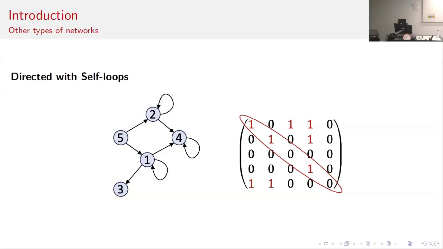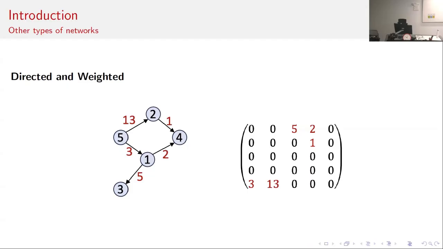These are edges that return to the same node, and they appear as ones in the diagonal of the adjacency matrix. Or you can have directed and weighted networks, where now you have a weight on the edges, and you no longer have a binary adjacency matrix, but rather the entries correspond to the weight of the edge.